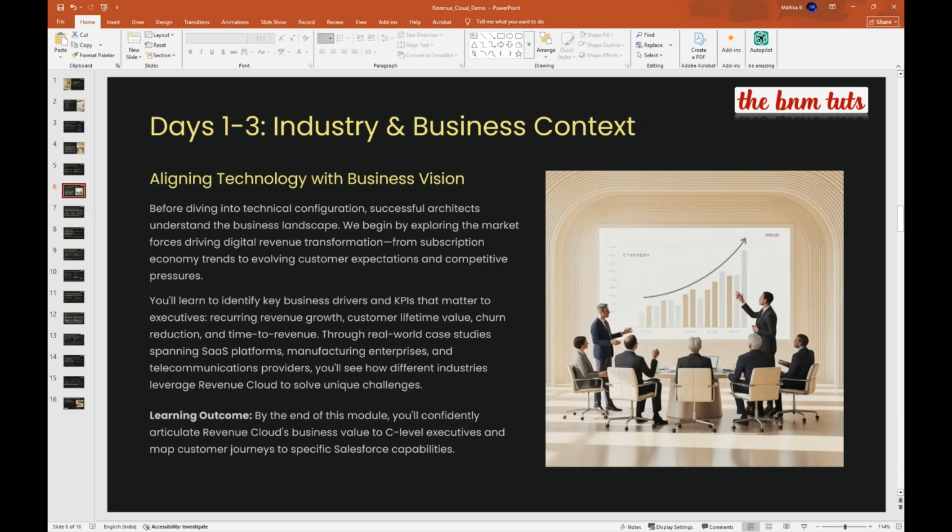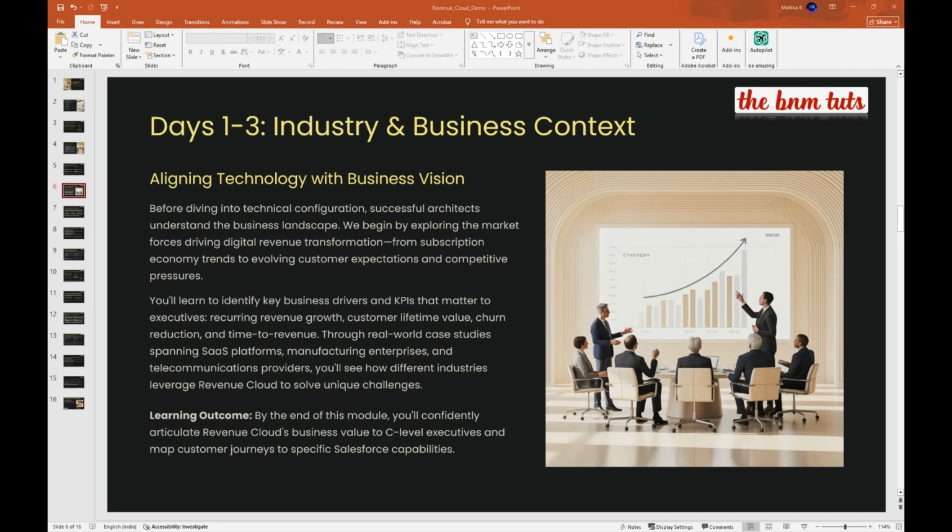So in the first 3 days I'll be explaining the industry and business context, which means I'll cover the foundation and understanding of why Revenue Cloud matters: market trends, what type of market trends we are seeing nowadays, revenue evaluation, business KPIs, what type of metrics we are going to define by using Revenue Cloud, and customer journey mapping.